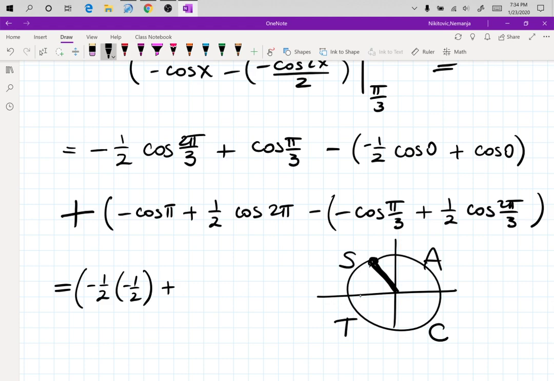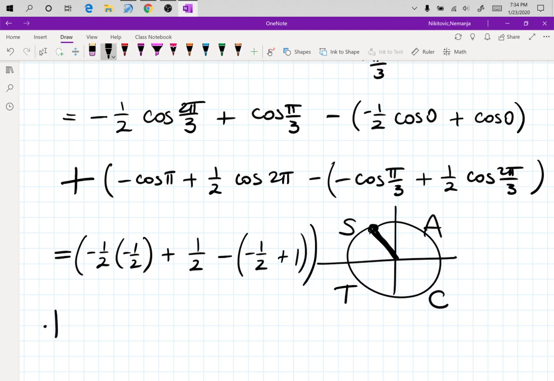plus cosine of pi over 3 is 1/2 minus, open parenthesis, cosine of 0 is 1, so I have negative 1/2 plus cosine of 0 is 1. Big fat plus.